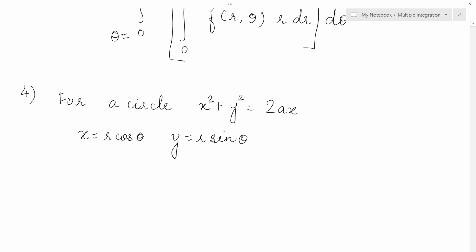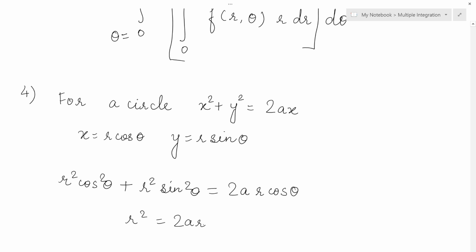So after I substitute, I'll get r square cos square theta plus r square sin square theta is equal to 2a r cos theta. Okay, so this is nothing but r square is equal to 2ar cos theta, because you know cos square plus sin square is 1.